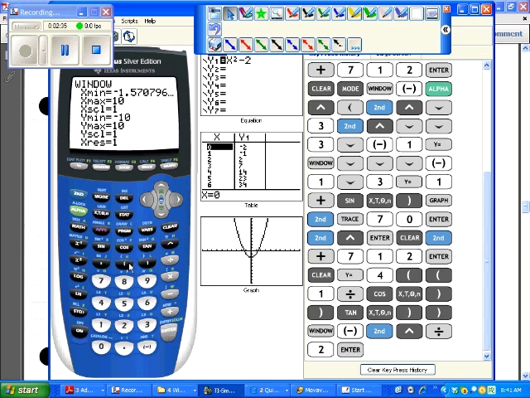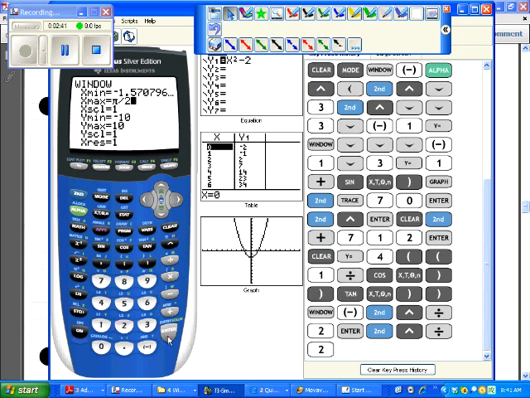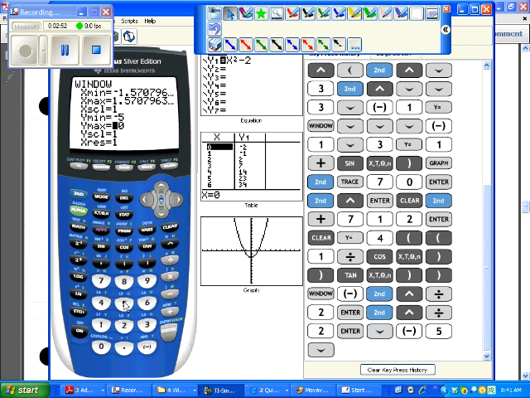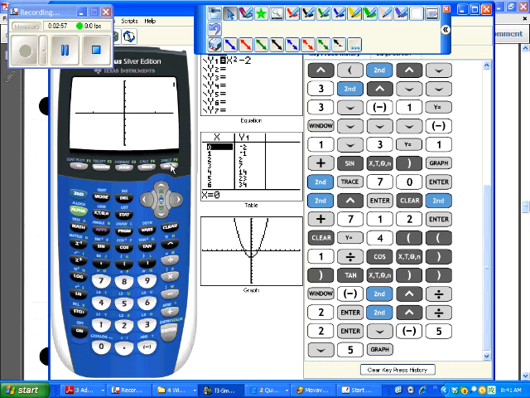And you can see it change it to a decimal. And then I'm going to go to positive pi over 2. On my y, minimum and maximum, I'm just going to call it negative 5, positive 5. See what that does graphically. And then I'm going to hit graph, and we'll see what we get.